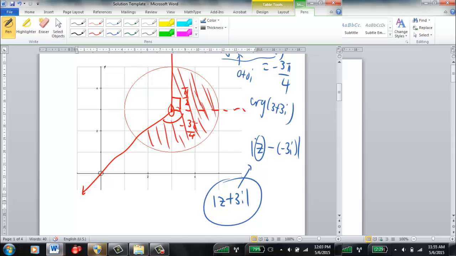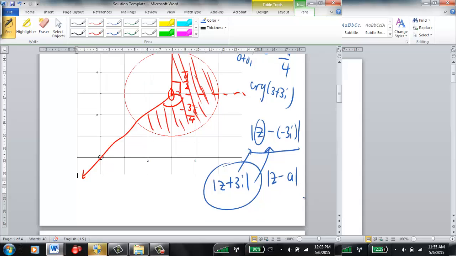So first of all, whenever you see such a question, the first thing that you think about is locate for me negative 3i. But before you actually start locating, please put it into the form first, which is mod z minus a, that form. Now let's locate negative 3i. Okay, let's say, I think my diagram is too small, so negative 3i should be here. Okay, let's say that this is negative 3i.